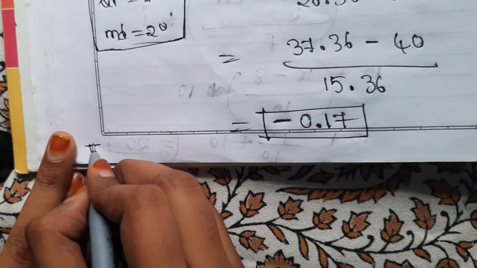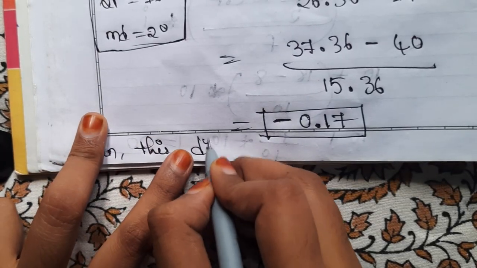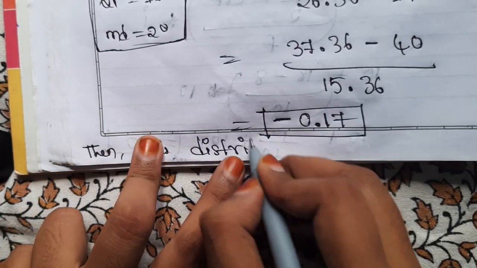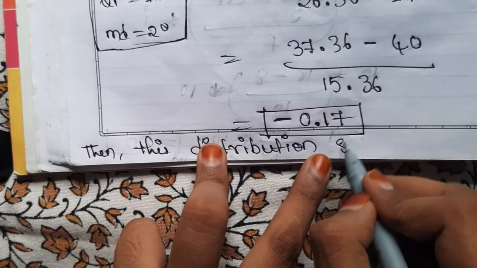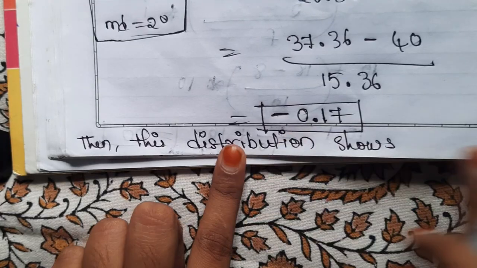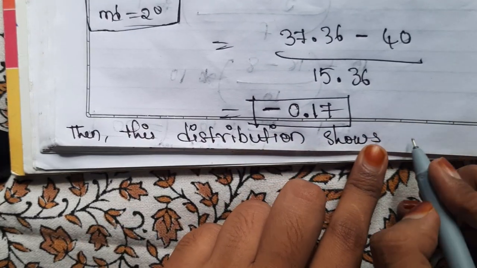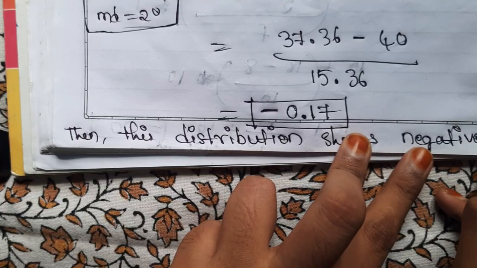See, this skewness shows this distribution is negatively skewed.